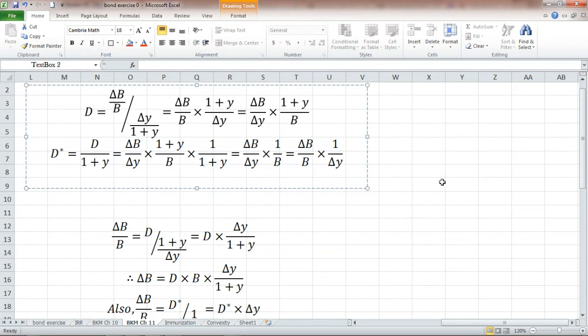In other words, the percentage change in bond price is something that can be predicted, that will be predicted.